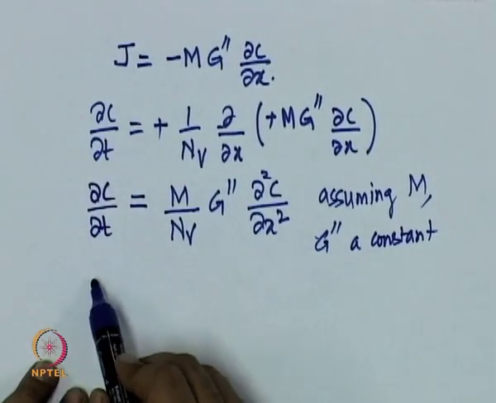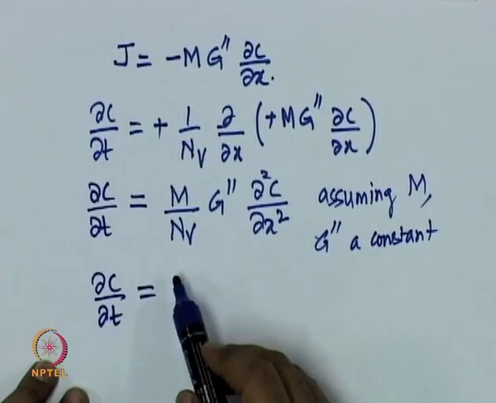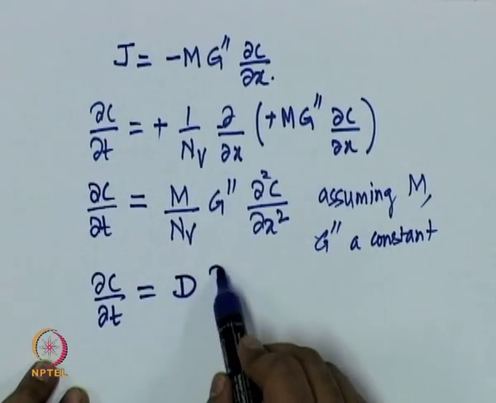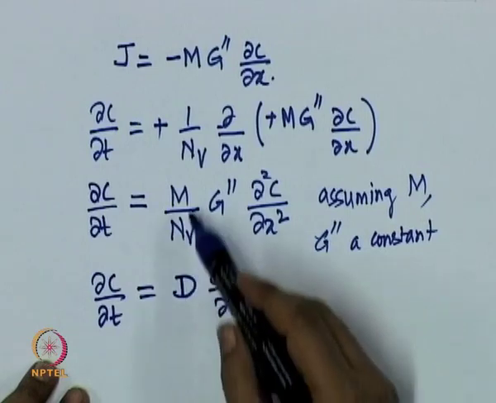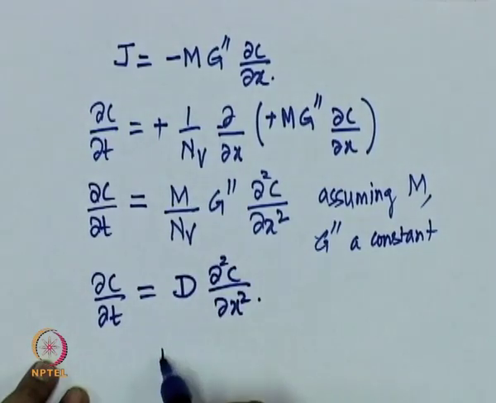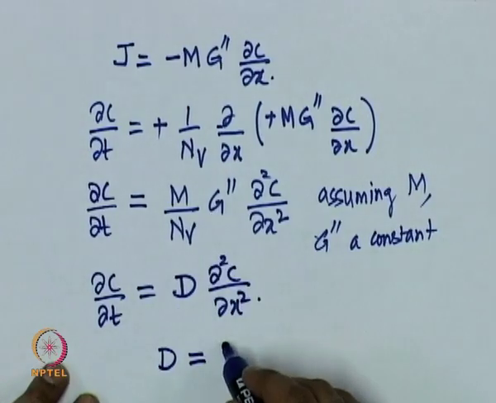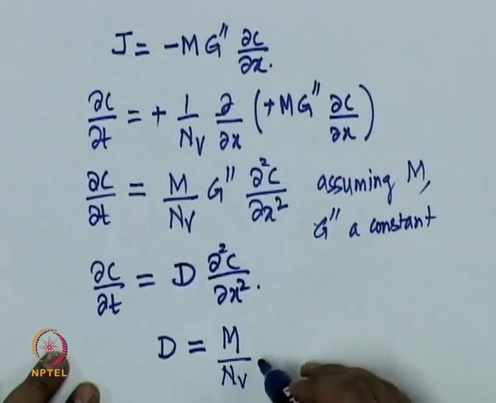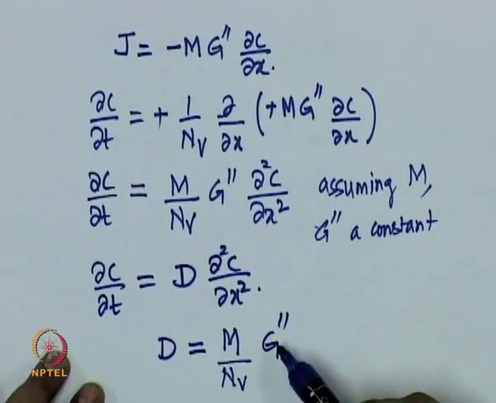Now, let us compare with the usual diffusion equation. What does that say? Let me say that is some D times ∂²c/∂x². If you compare these two expressions, you see that diffusivity is connected to the mobility, some number of atoms information is there, through the second derivative of the free energy curve with respect to composition.